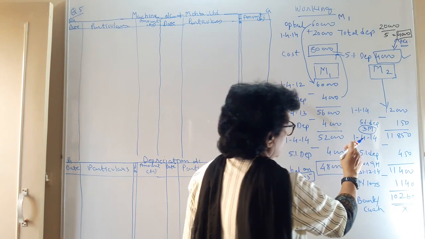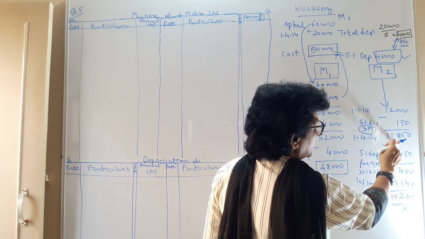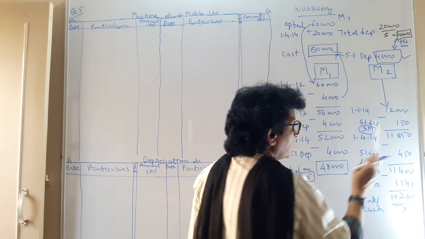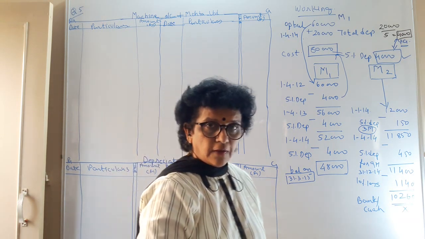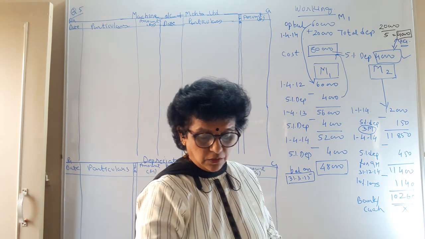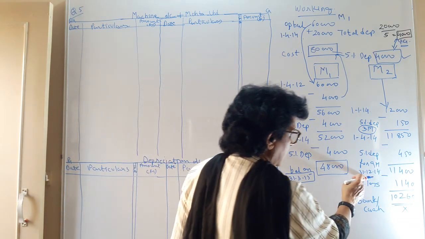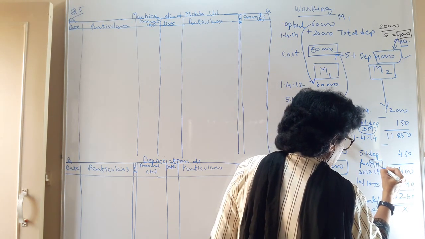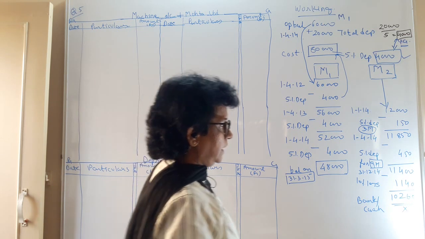Then on 1/4/14 the book value of M2 is 11,850. Again charge depreciation, but you are selling this machine as it was not found good. You are selling this machine on 31/12/14, so for that only the 9-month duration is there. So 9-month depreciation is to be calculated.